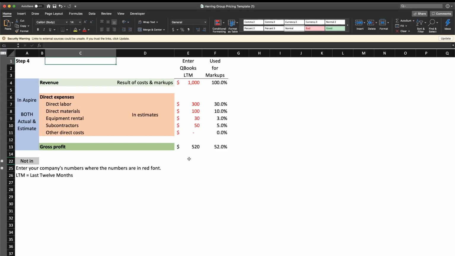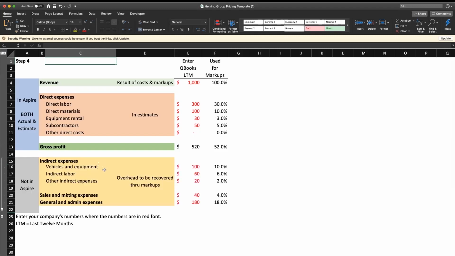So to use this spreadsheet, the red numbers are numbers that you can use, and you just put the numbers in. The percentages will be calculated for you, and then those percentages are used on the next tab that I'll take you to in just a moment. You also want to populate your overhead. Now, these are the items in yellow.